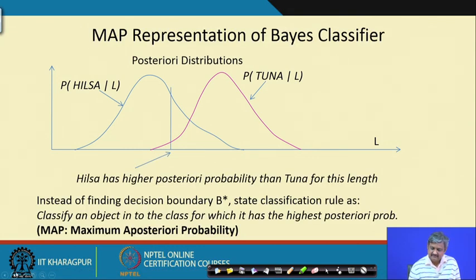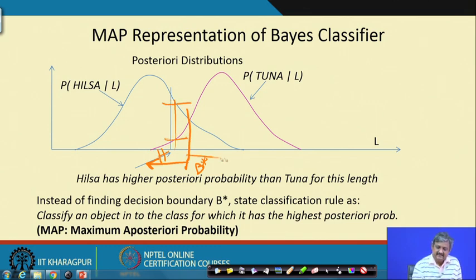You make an observation that to the left of this B star, the Hilsa region, the blue curve, the Hilsa curve, is above the pink curve, the tuna curve. And to the right of this, which is the tuna region, the tuna curve stays above the Hilsa curve. The pink is above the blue. So, here pink is above the blue, here blue is above the pink.